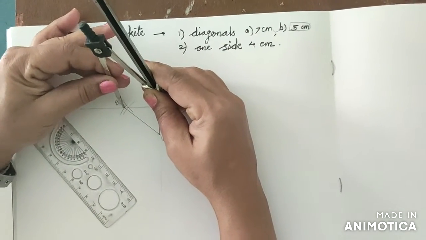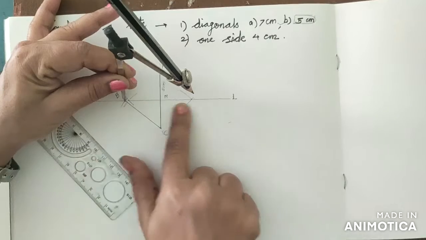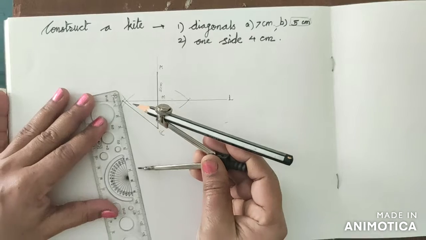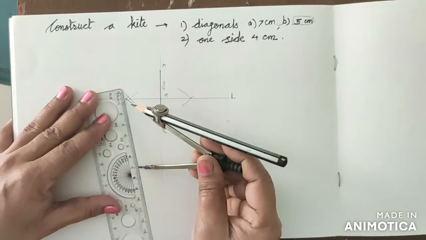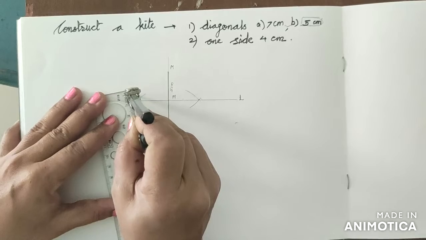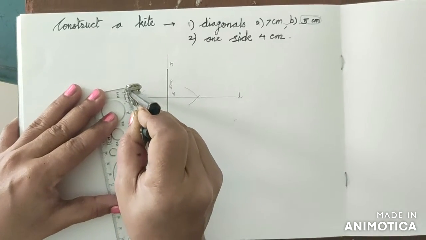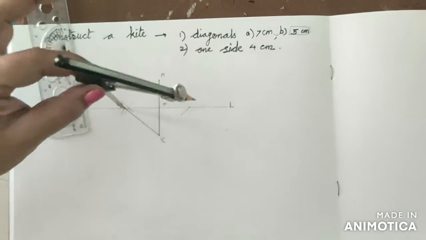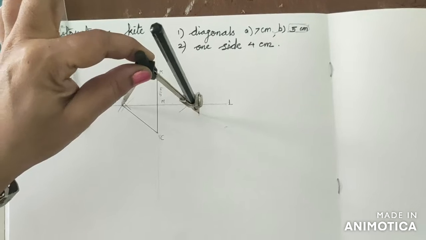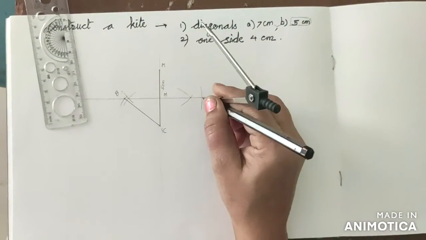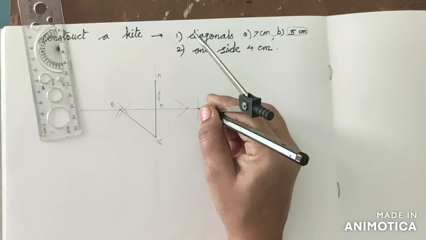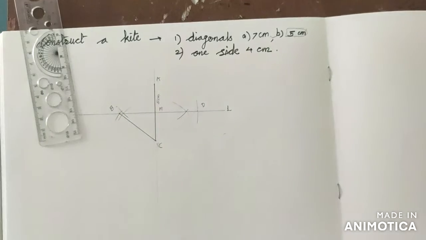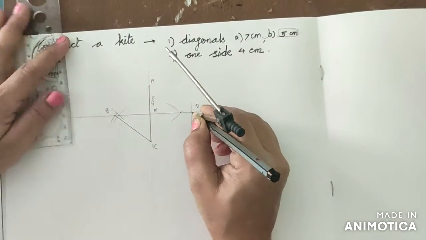Okay, and one more point too. Consider this B point, and we have to take this much length on the second diagonal, and that is 7 centimeter. So let's count. Take the measurement here like this. This much is 7 centimeter. So placing pointer at B, cross line L like this, and we get one more point here, and that is A, B, C and D. Okay, and now join all the points simply.